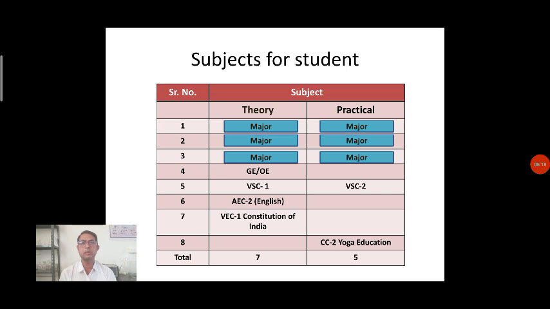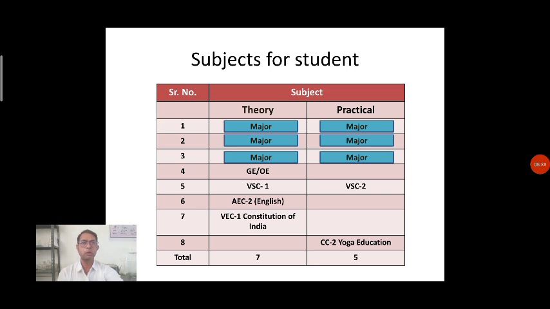So this is nothing but the overall syllabus for a single student. Each student has this syllabus for the completion of BSc in second semester. So 7 theory and again 5 practicals for this theory.